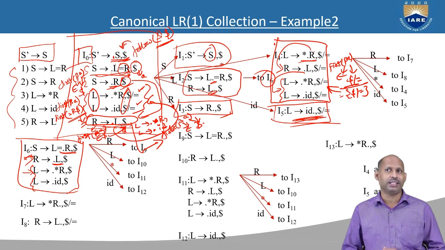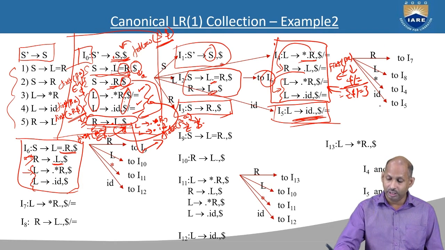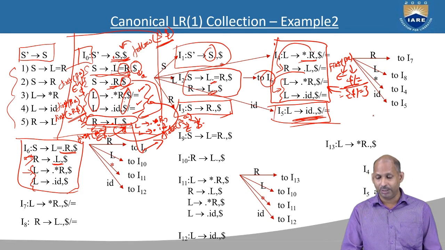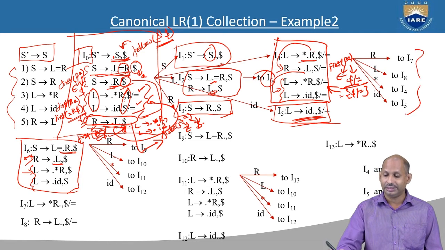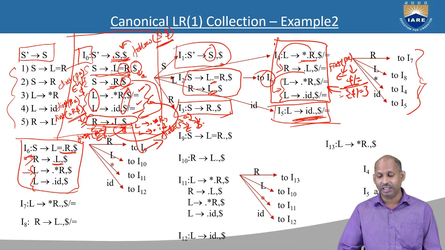I3 has dot at the end, so no more productions. Then I4 has dot R, dot L, dot multiplication, dot ID. On these symbols, it goes to these states: I7, I8, I4 and I5.